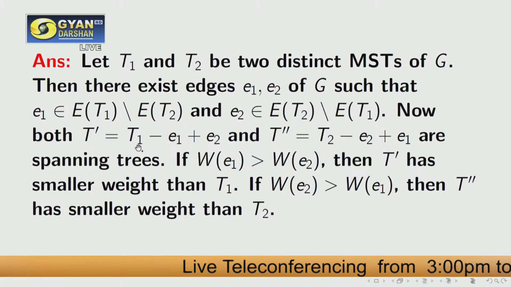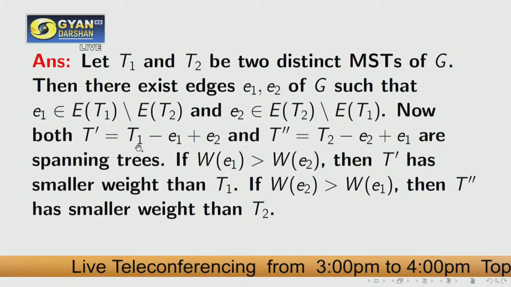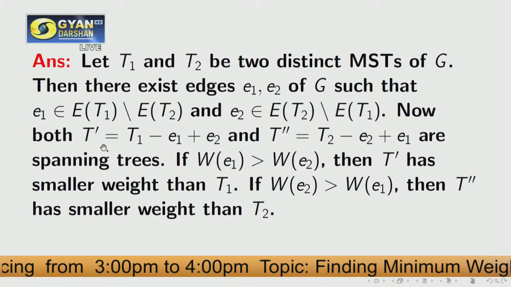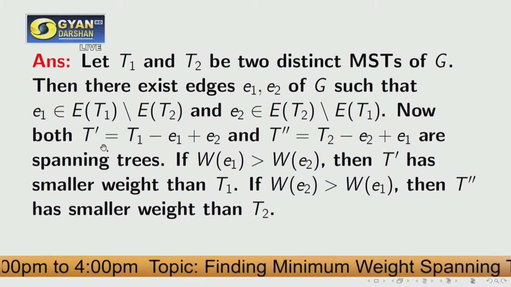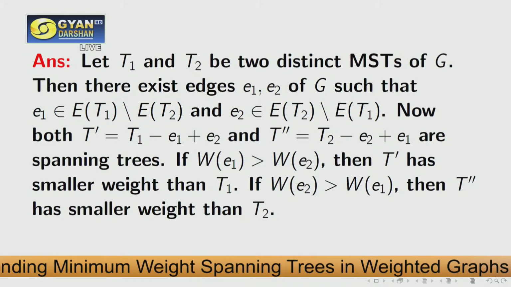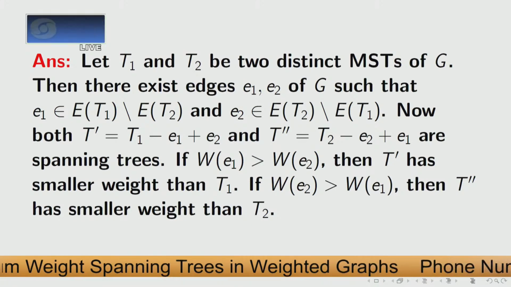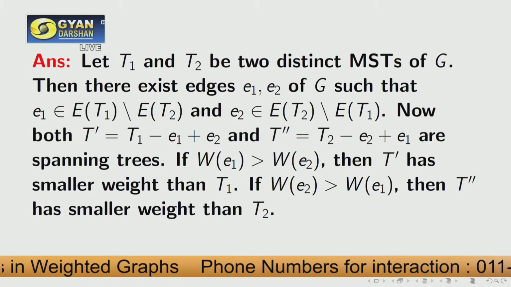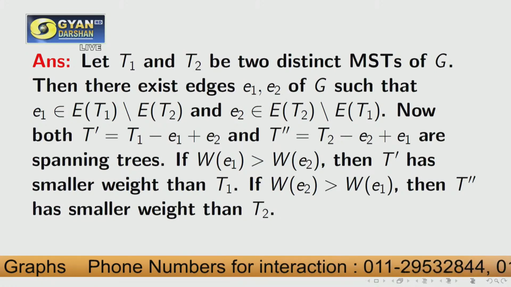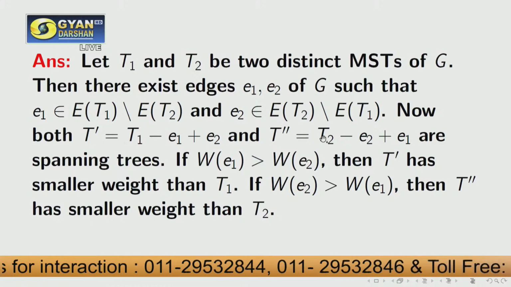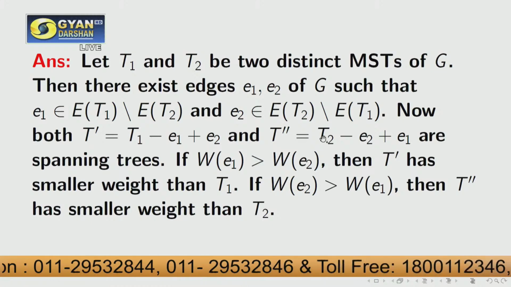So the connectedness property is also intact. That means the size is the same as T1, which is n minus 1, and it is connected, and therefore by a property of trees, T' is a spanning tree. Likewise, T'' is also a spanning tree.